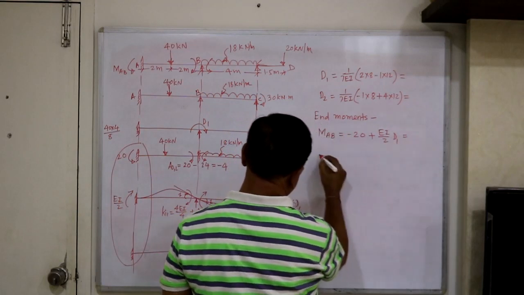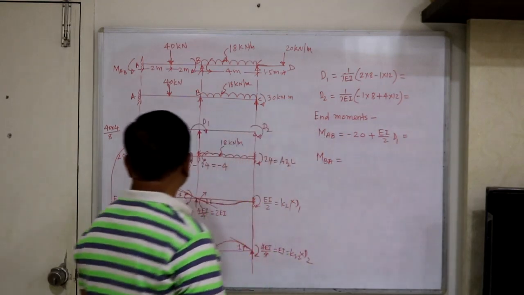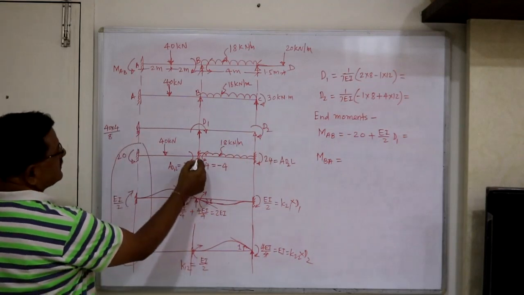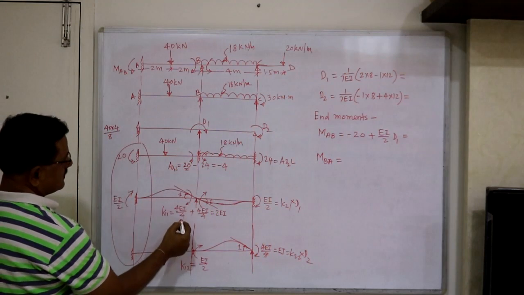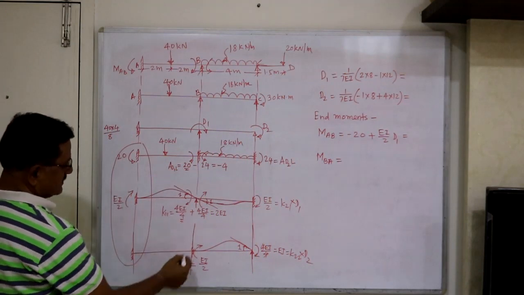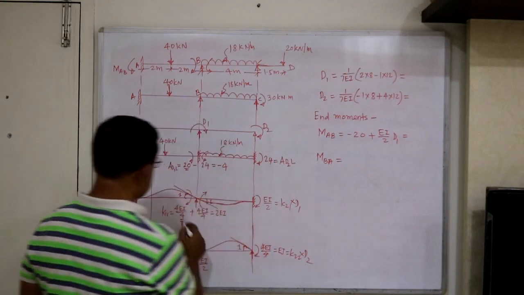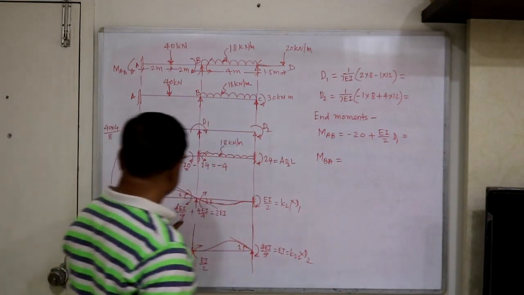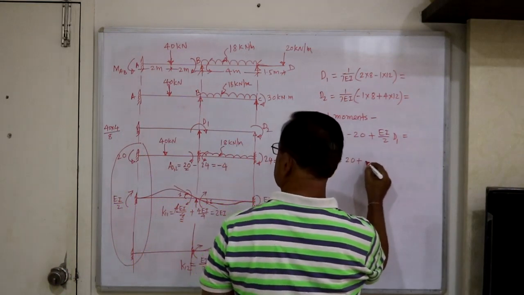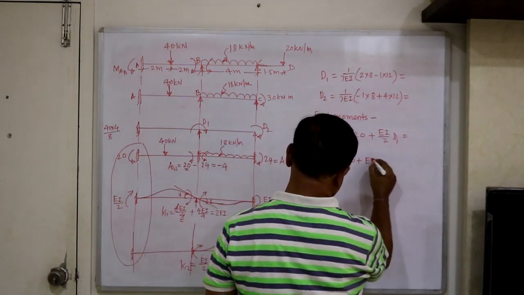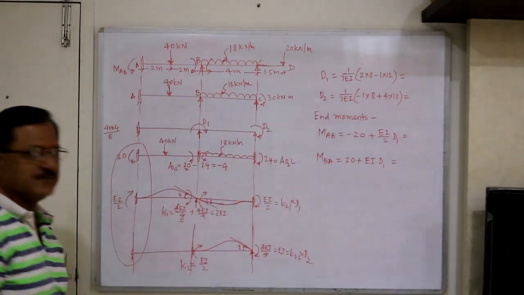So you calculate this. Then MBA, MBA means on the left of this support. So this 20 is clockwise, and there is no coefficient here, that is EI, remember this 4 gets cancelled. So 20 plus EI into D1 equal to, you find out MBA.